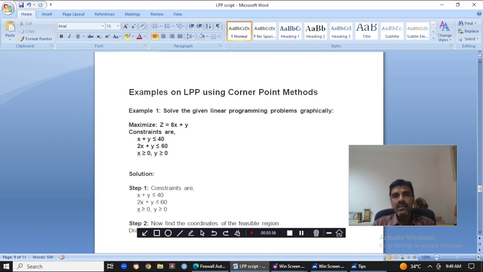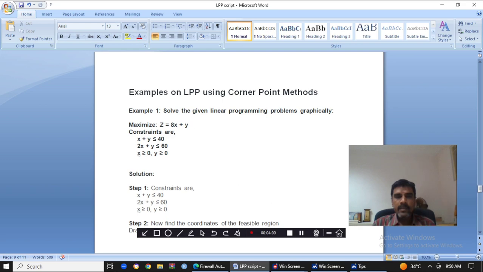Since there are two constraints, as I told you, the number of lines you draw in the graph depends upon the number of constraints. So you are going to draw 2 lines, for which you have to find the coordinates of each line. I will tell you how to find the coordinates.